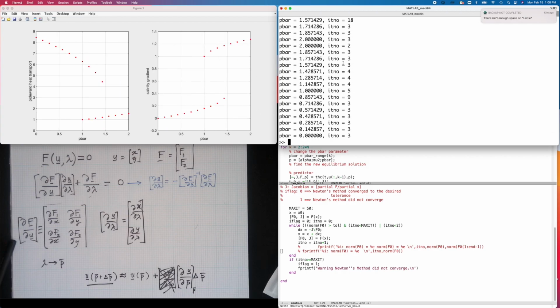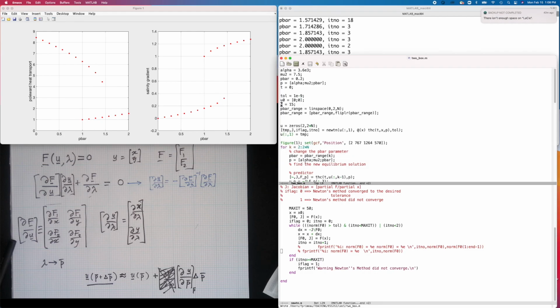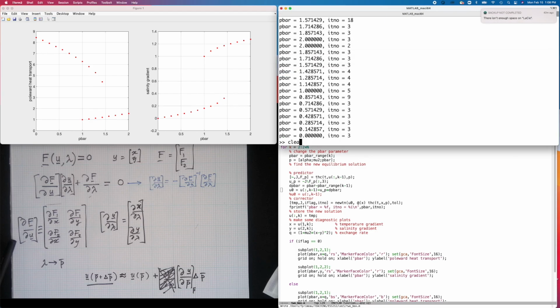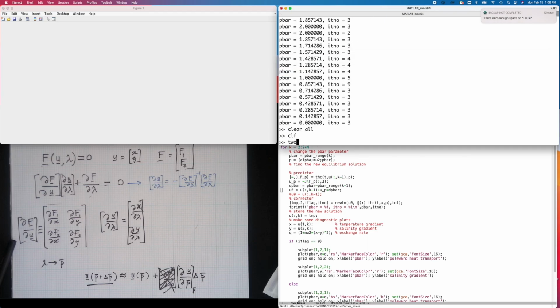Just 3 iterations seems to be pretty good all the time. Let's see if the predictor method will improve a little bit. So now I'm going to comment out the previous solution predictor and use my linear approximation. Clear all, CLF to box.